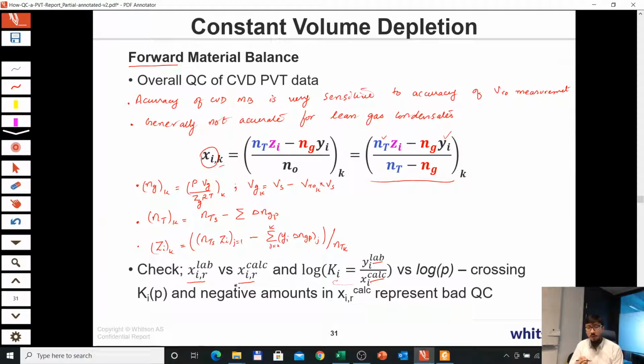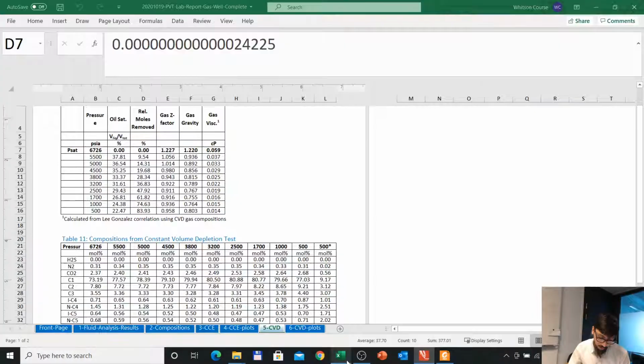That's why you should always ask the lab to report this residual oil composition for a CVD experiment if they haven't reported it. So this was all on the theoretical side. We now jump to the Excel file and try to implement this material balance in the Excel spreadsheet.